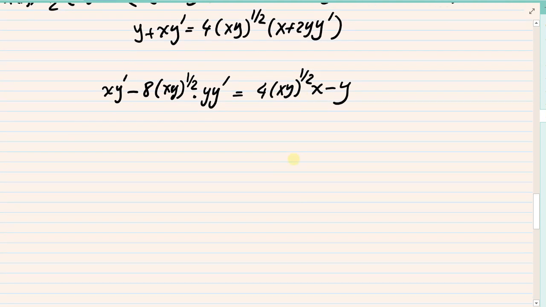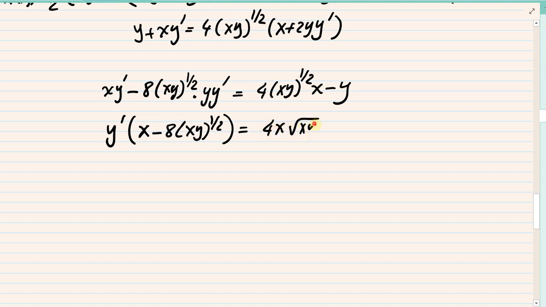Hard to believe. Now I'm going to factor a y prime, and that's going to be x minus 8 times xy to the 1/2 equals the right side. The right side is 4x times the square root of xy minus y.